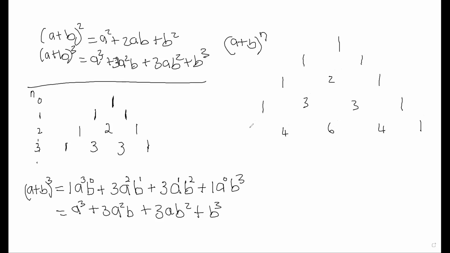Put 1. Then we do it again because we want 5. This is 0, 1, 2, 3, 4, 5. This is gonna be 5. 4 plus 6, 10. 6 plus 4, 10. 4 plus 1 is 5. And then, so this will be the coefficients when n is equal to 5.